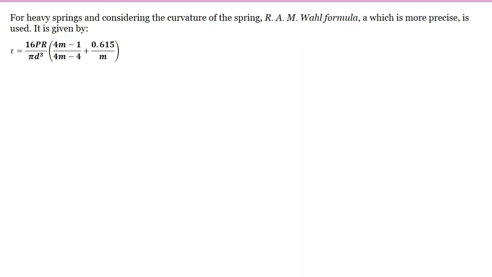For heavy springs and considering the curvature of the spring, Wahl's formula, which is more precise, is used, and it is given by the maximum shearing stress equal to 16PR over pi d cubed multiplied by (4m minus 1 over 4m minus 4, plus 0.615 over m), where m is the spring index and the factor 4m minus 1 over 4m minus 4 is referred to as the Wahl factor.